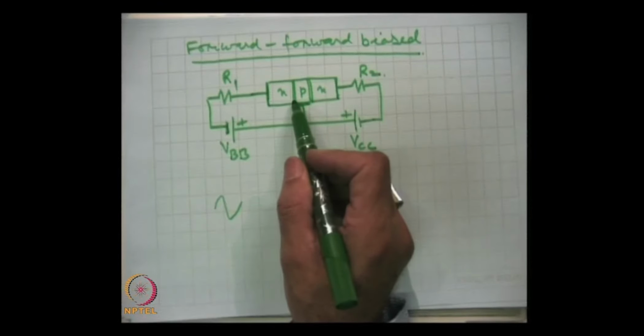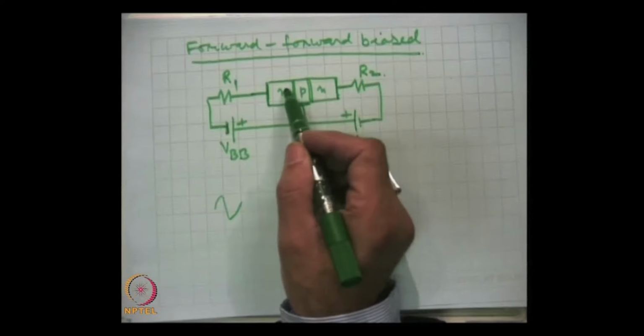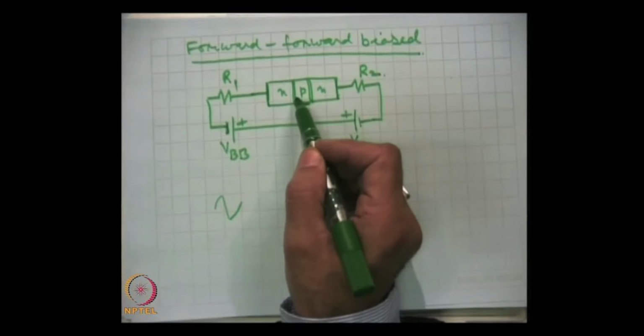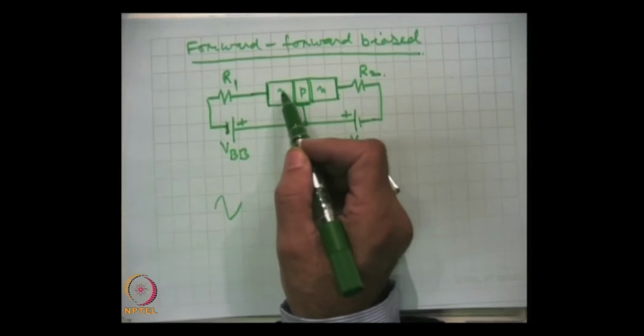Now, here we can bring in our knowledge of the PN junction, that when a PN junction is forward biased, then a heavy current flows which varies exponentially with the applied voltage, and the current will arise because of the electron diffusion towards the base, because there is a heavy density of electrons here.